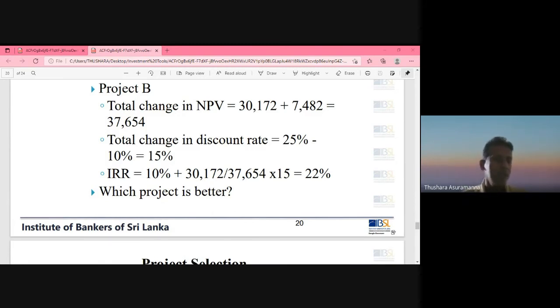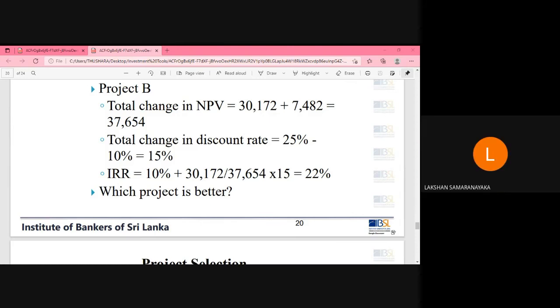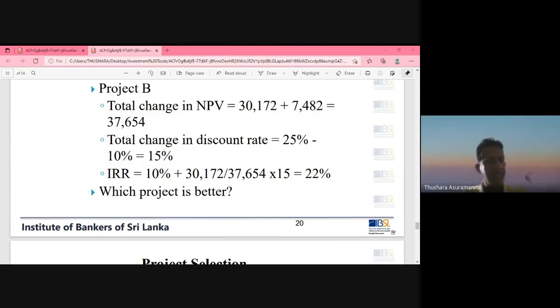You might have multiplied 15 into 30,000. That is wrong, because it is 15%, so you have to take 0.15. You can't multiply percentages and figures until you put them on the same base. Either you do the fraction into percentage, then you end up with a percentage. Thank you very much. 12%, right?